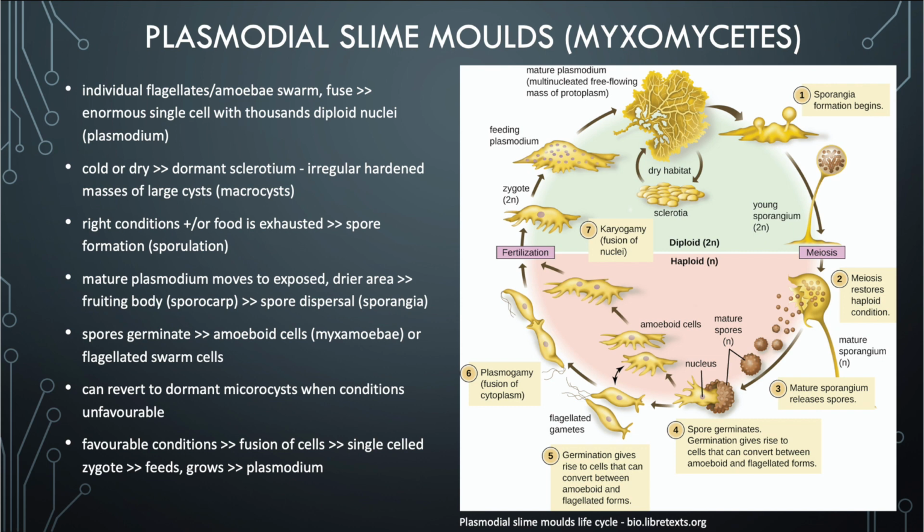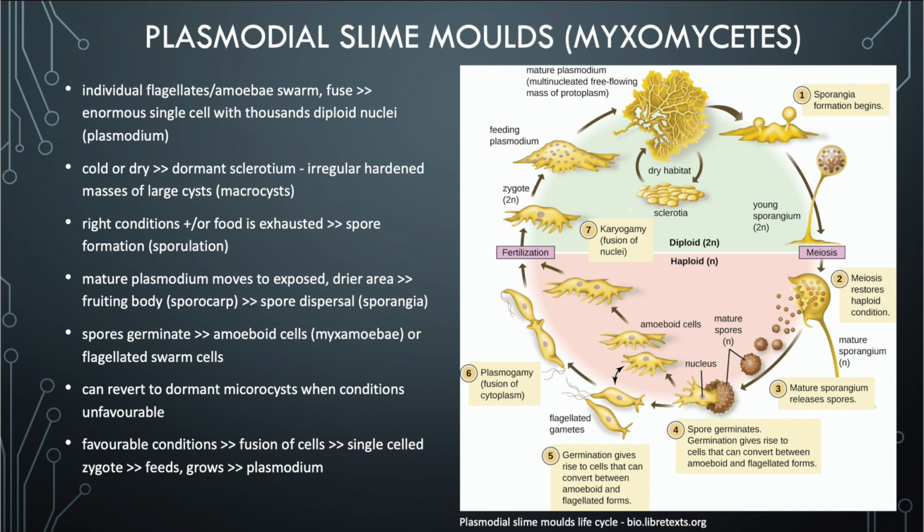Cold and dried conditions cause the plasmodium to go dormant into a structure called a sclerotium, which is an irregular hardened mass of large cysts, also called macrocysts. But when the conditions are right again and or food is exhausted, this structure begins to function again and comes out of its dormancy and sporulates, so forms spores.